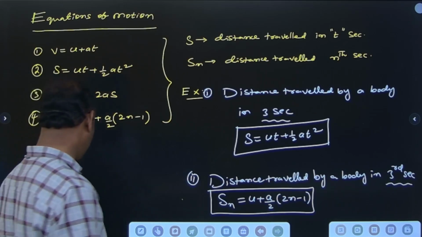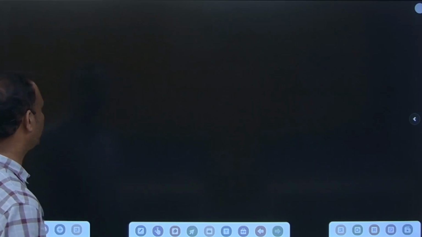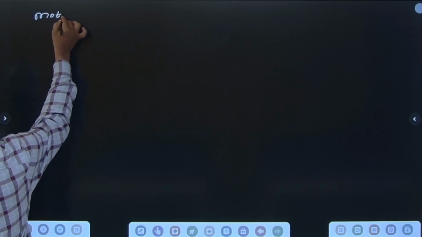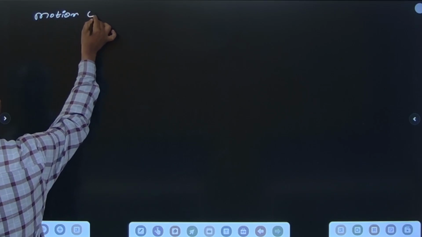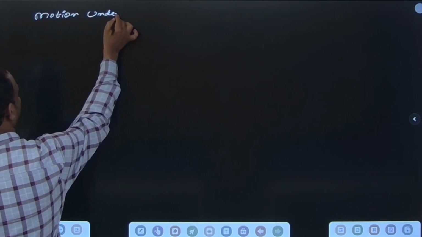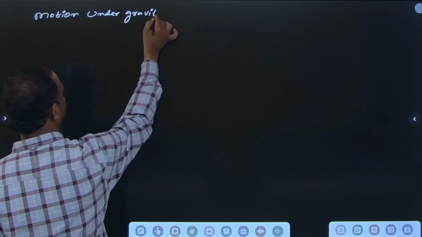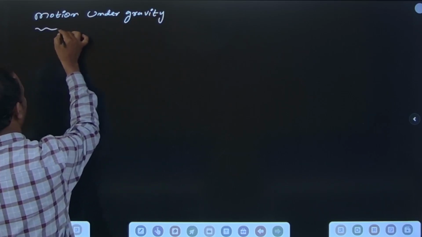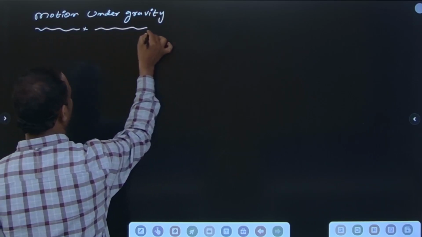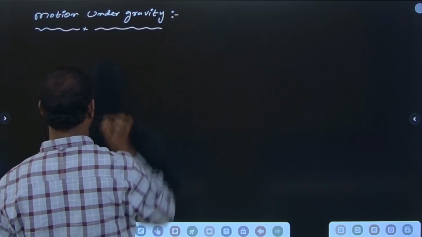Next, I'm talking about motion under gravity, the motion of a body under gravity. For all levels, this concept is useful. Be careful on this.